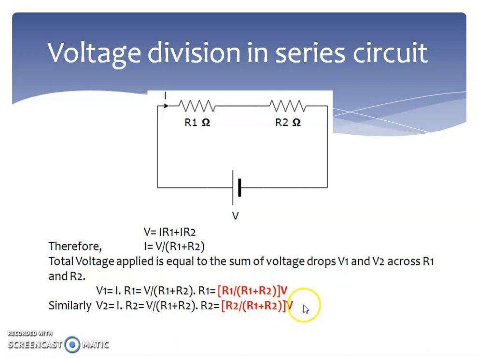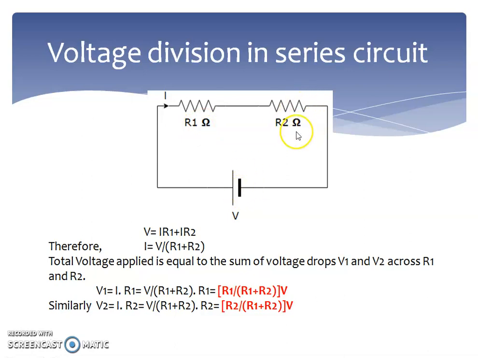So if we take it in general terms, what will be the value of voltage across R1? That is the total voltage V multiplied by the resistance, R1, divided by the total resistance, R1 plus R2.